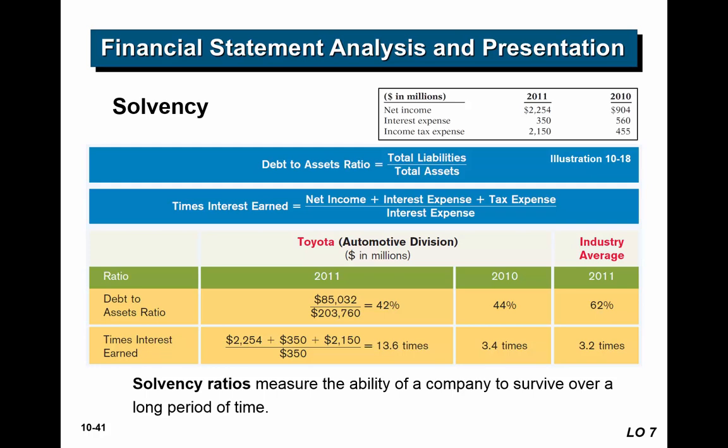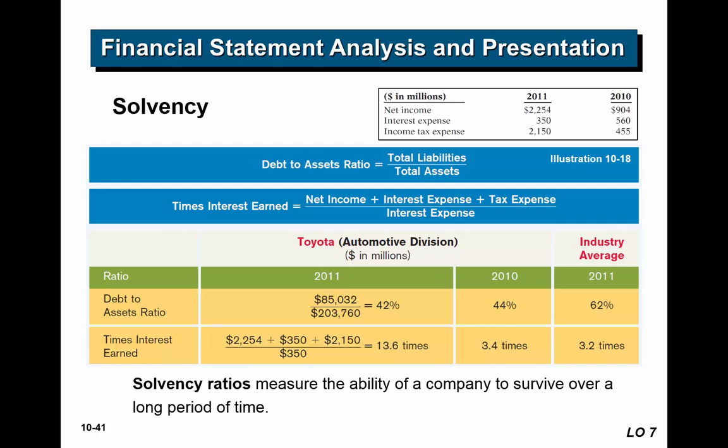And then solvency, which is a related concept, is the ability to pay off debt and have sufficient cash to do what you need to do. There's the debt to assets ratio, total liabilities divided by total assets, and times interest earned, which is net income plus interest expense plus tax expense, divided by interest expense.